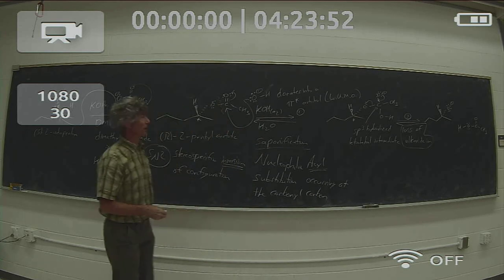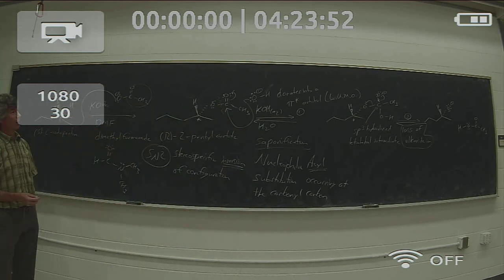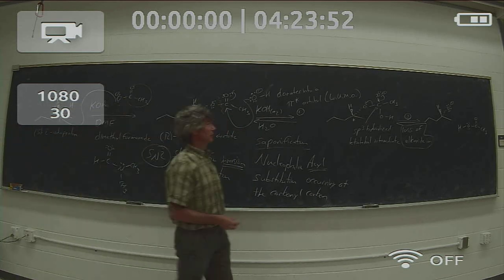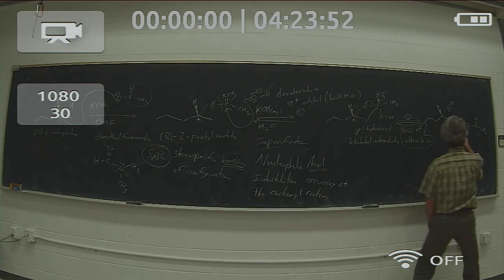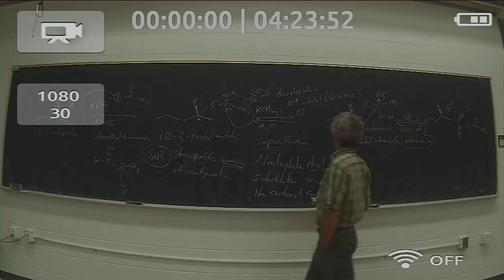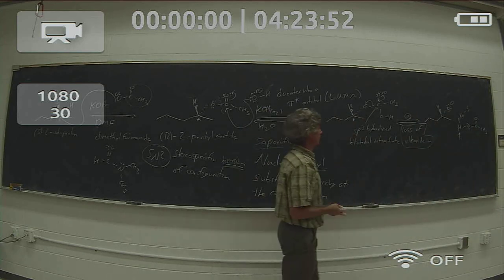And the way we do that is we promise it something. We say, if you leave now, we will give you a very acidic hydrogen in step three. This hydrogen has a pKa of about 5. The pKa of the hydrogen in the product is about 15.